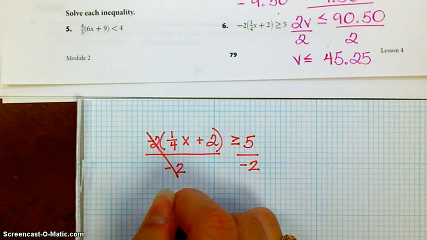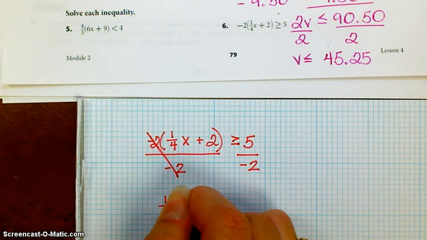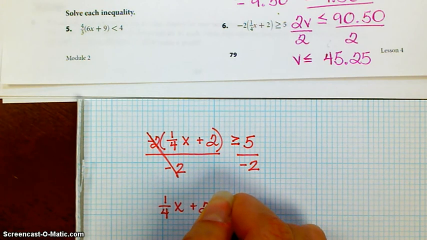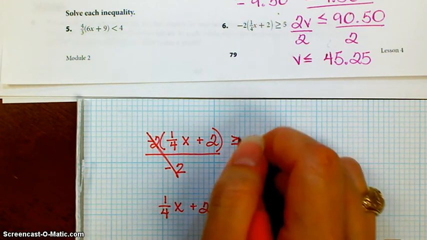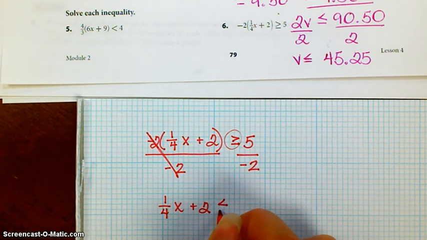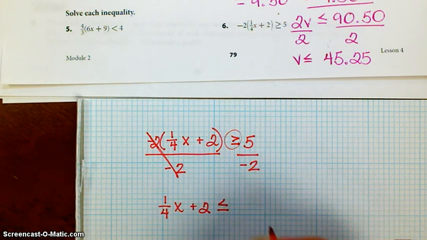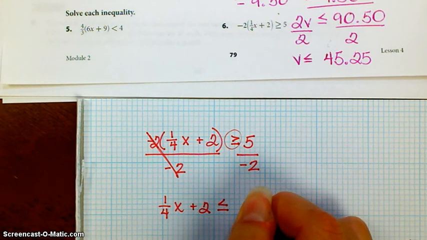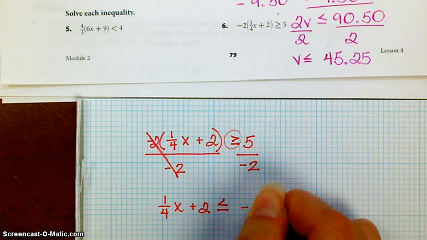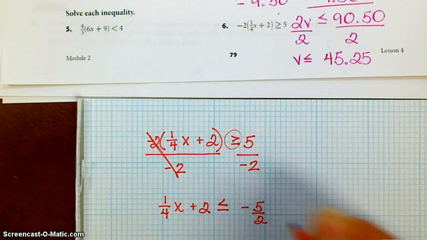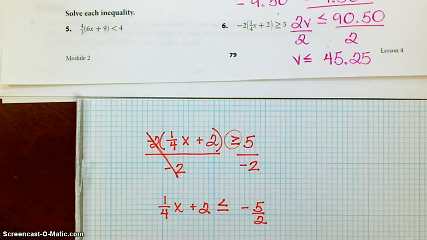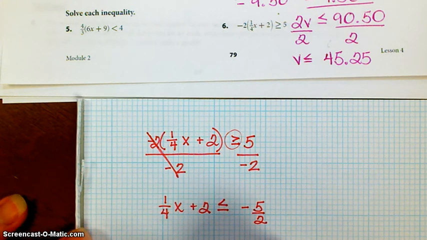So now over there, I only have 1/4 x plus 2. I've got to reverse the sign because I've divided by a negative 2. 5 divided by negative 2, I'm just going to leave it as a negative 5/2, or 2.5.